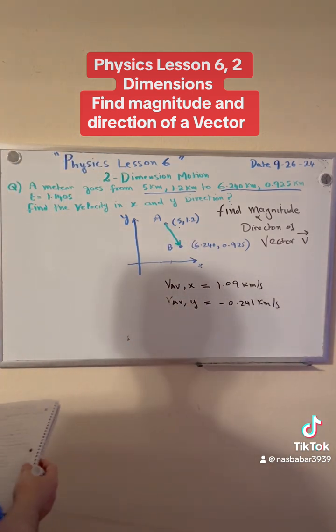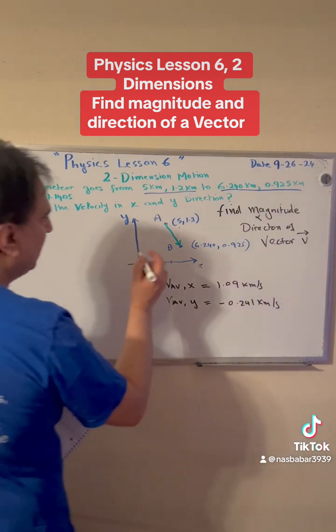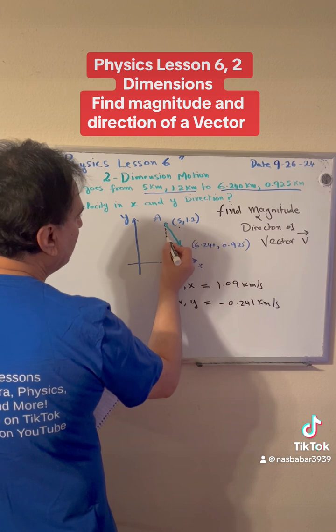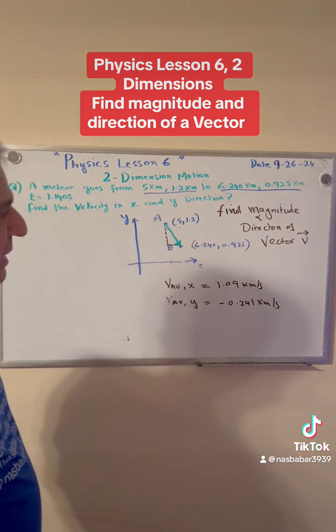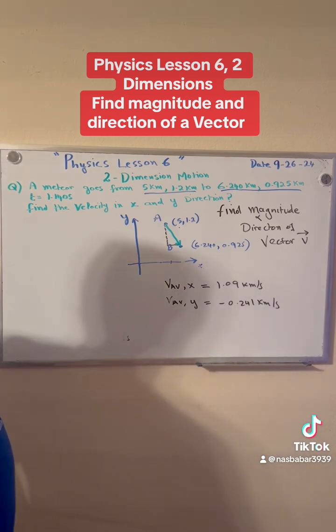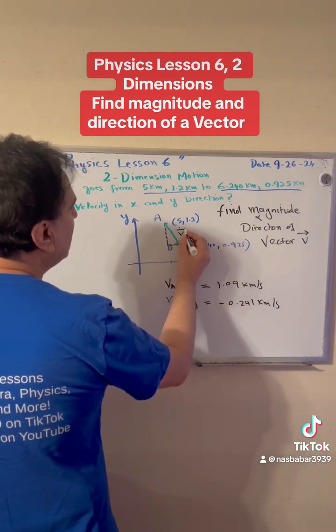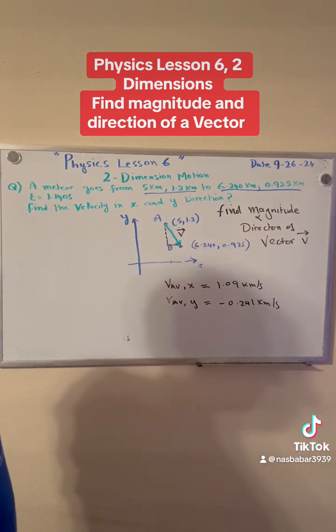One thing I wanted to mention is that if you look at this right here, this becomes a right angle triangle, does it not? And this vector V is basically the hypotenuse. And we know the Pythagorean theorem, right? Everybody knows the Pythagorean theorem.